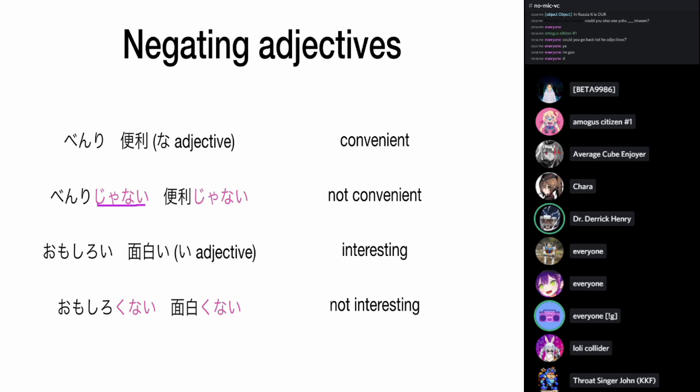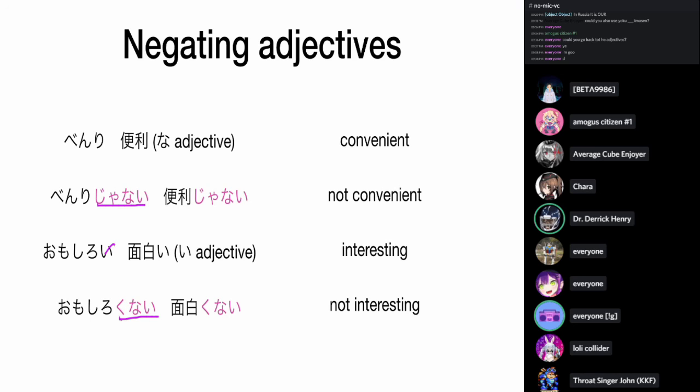And for an e adjective, you drop the e and add kunai. So omoshiroi becomes omoshiro kunai, because you drop the e. We talked about this already when we covered adjectives initially, but this is important to revise because it is going to affect what comes up next.